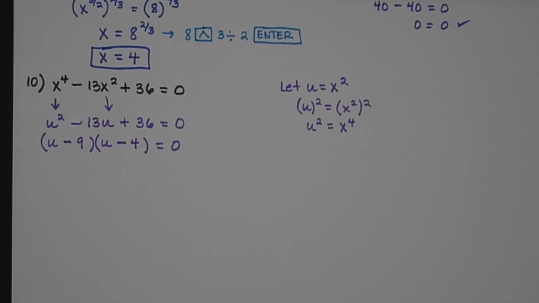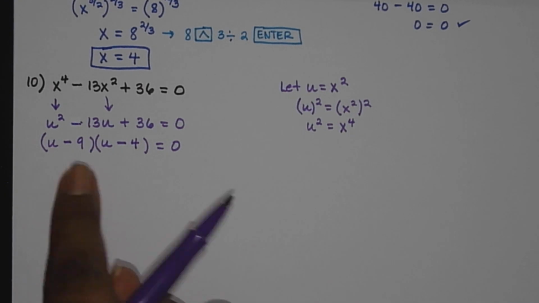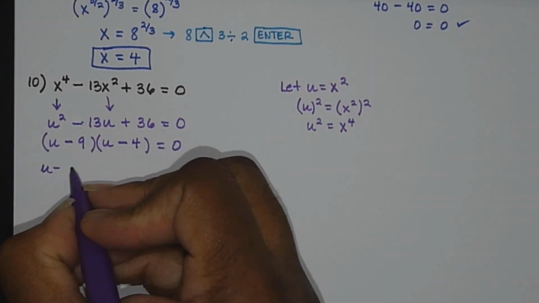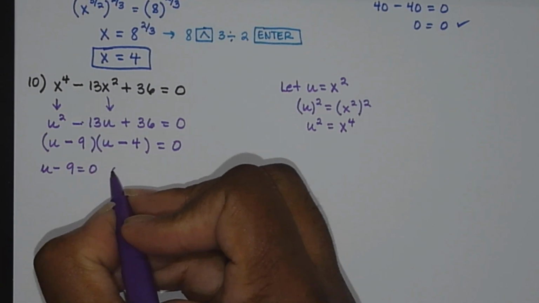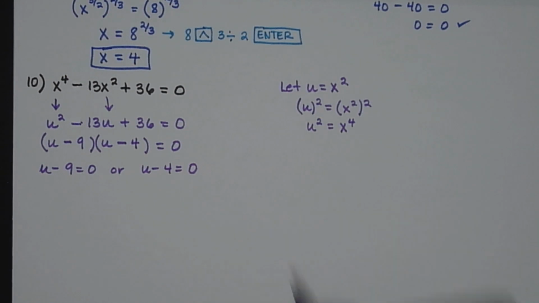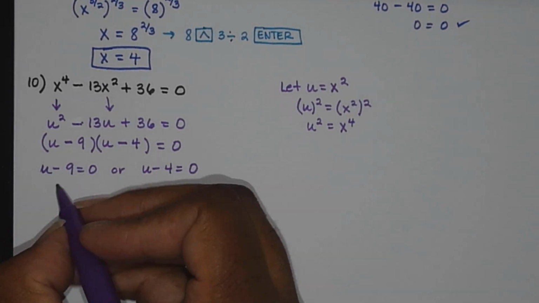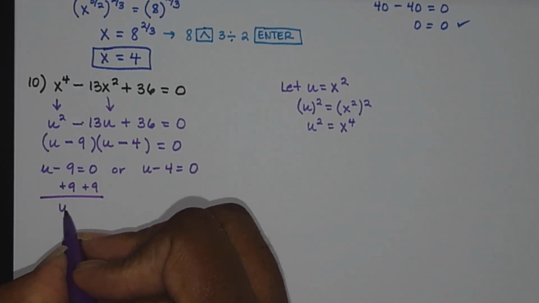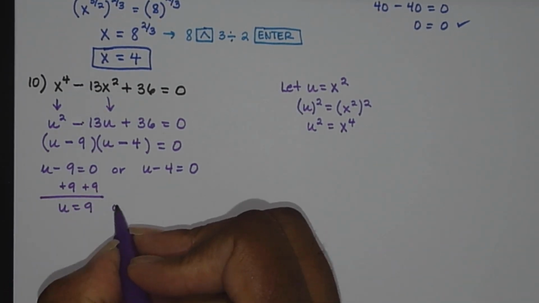Now for each equation, we'll solve for u. So here for the u minus 9, that's going to be equal to 0. U minus 4 is equal to 0. And then for each equation, we'll solve for u. So for the u minus 9 equal to 0, if I add 9, you're going to get u is equal to 9.